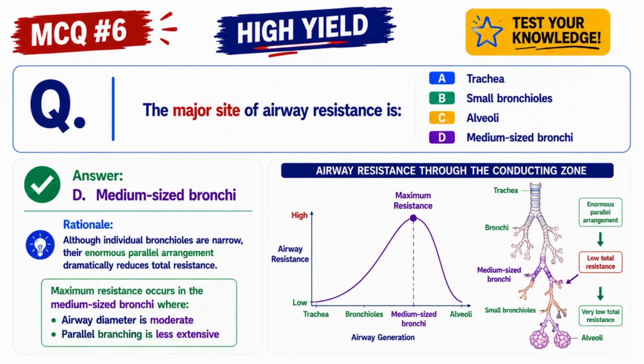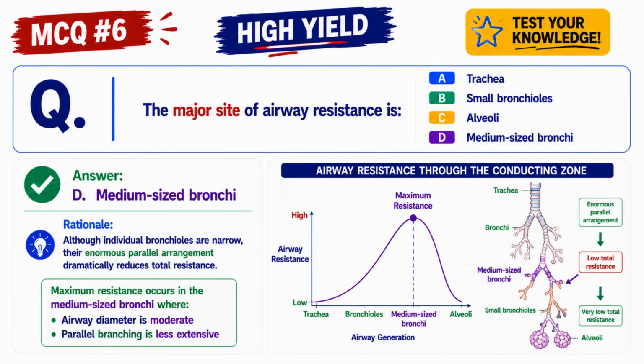The maximum resistance in the airways occurs in the medium-sized bronchi, where the balance between individual airway size and the degree of parallel branching produces the highest total resistance. This also explains why early small airway disease, as in early COPD, can be clinically silent.